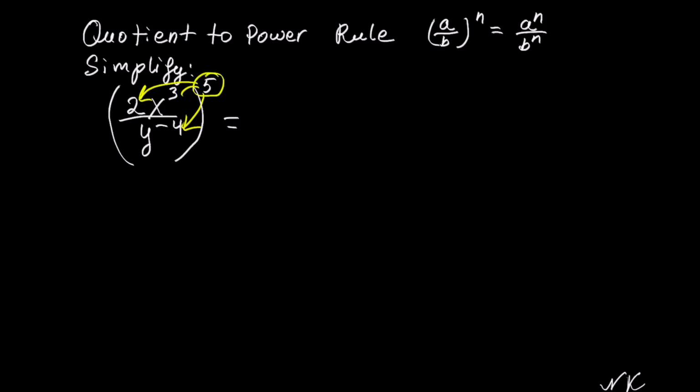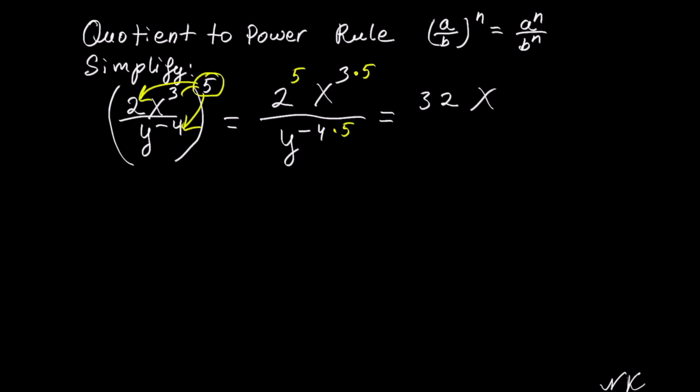And we get 2 to the power of 5, x to the third times 5 out of y to the negative 4 times 5. This becomes 2 to the 5 is equal to 32. x to the 3 times 5 is 15 out of y to the negative 4 times 5 is negative 20.